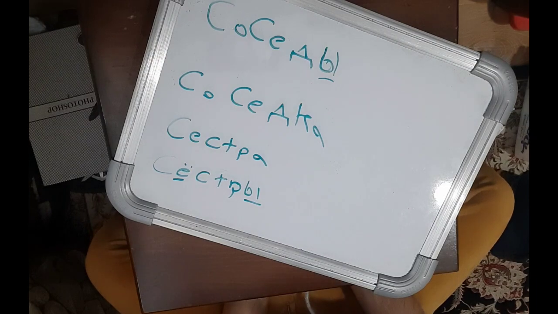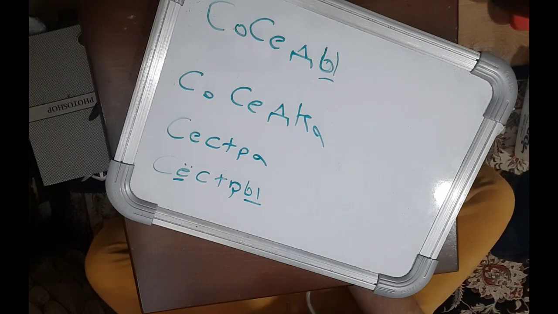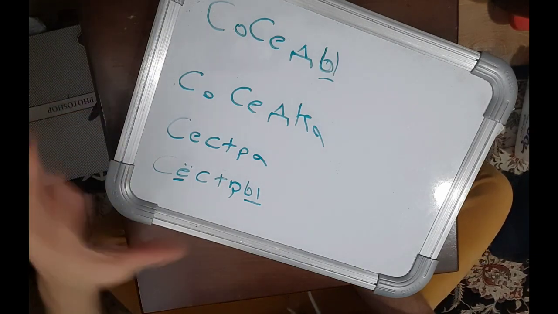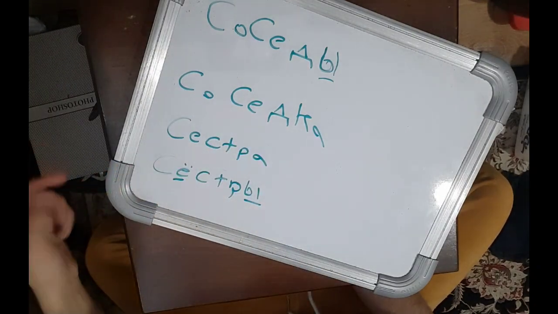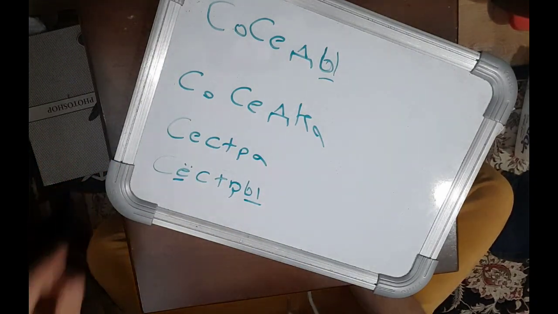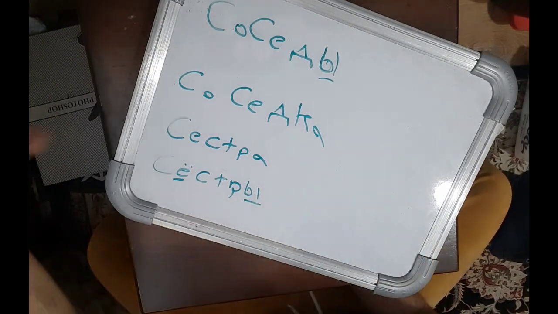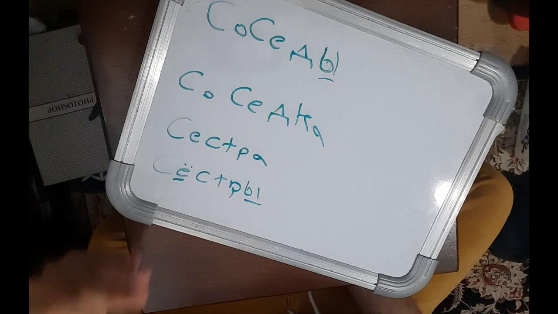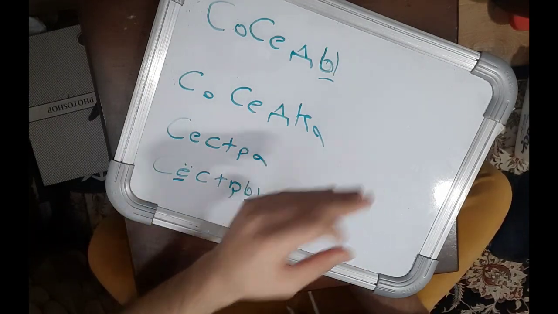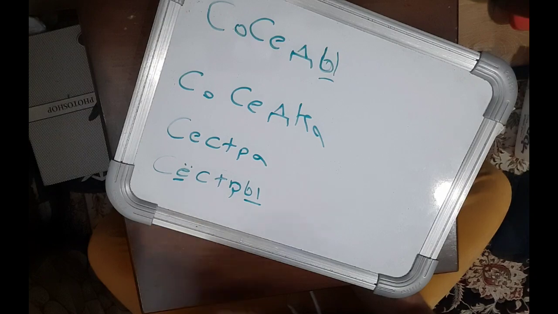In the genitive case. In the genitive case for female nouns, mostly in the Slavic languages, female nouns have a ya or a sound in them. The a or ya ending turns to e, soft e, and hard e in the genitive case.